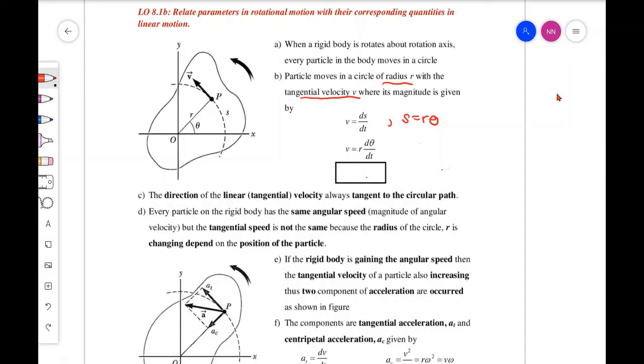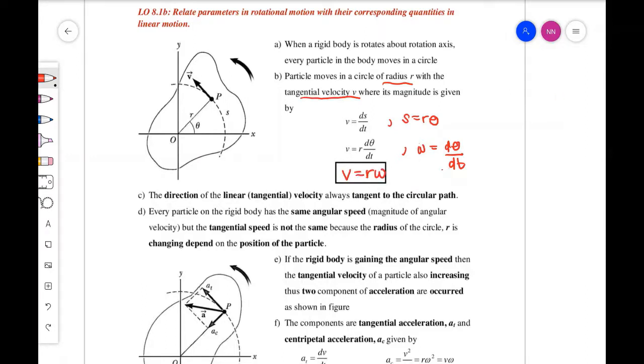Okay, so d theta over dt. So kita differentiate, yang mana omega equals d theta over dt. Omega adalah angular speed atau angular velocity. So kita dapat v equals r omega.